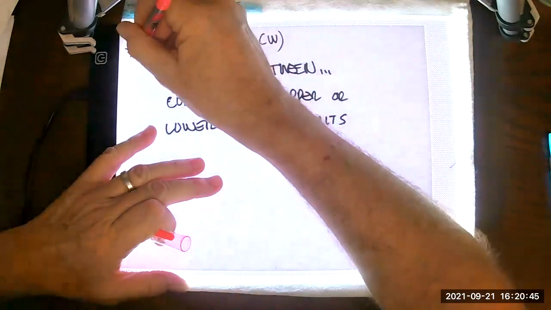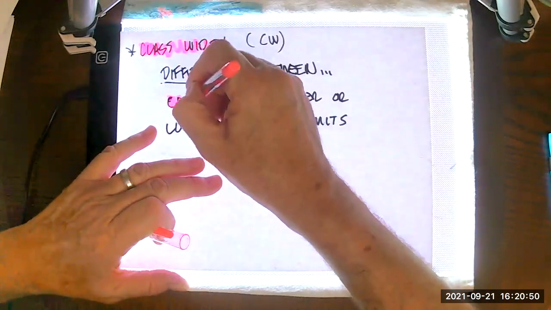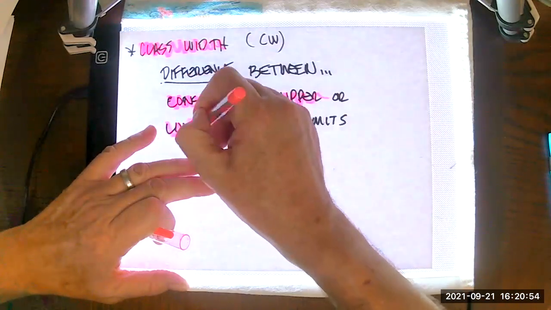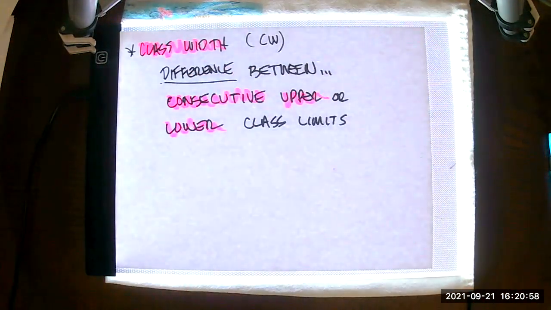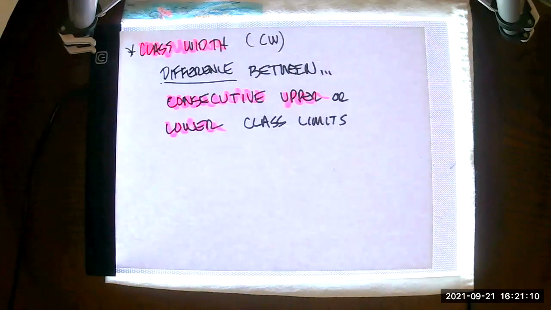And it's important to realize that when you calculate class width, you are supposed to use consecutive upper or lower class limits. It's the consecutive part that's really, really important. It's what really sets the definition. And unfortunately, I think it's something that tends to confuse students. Let me offer up an example.